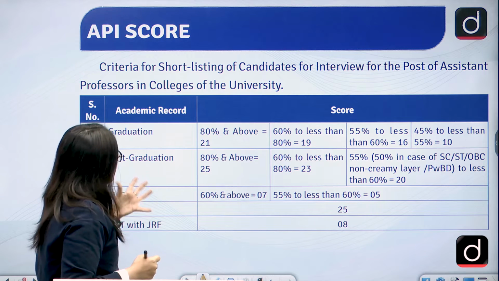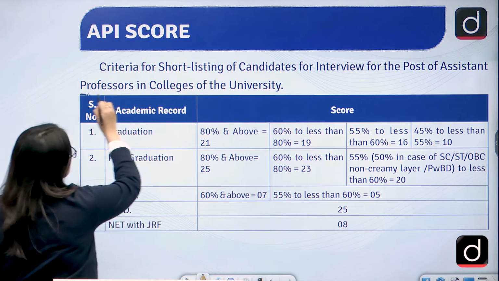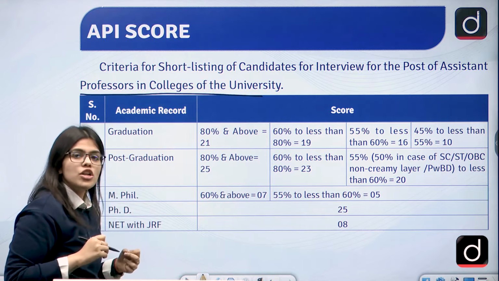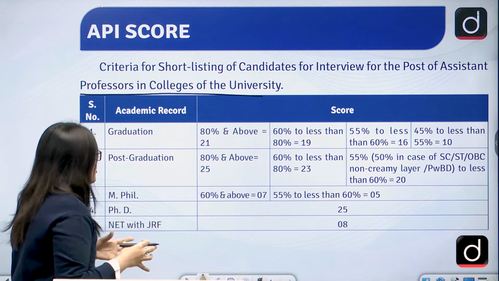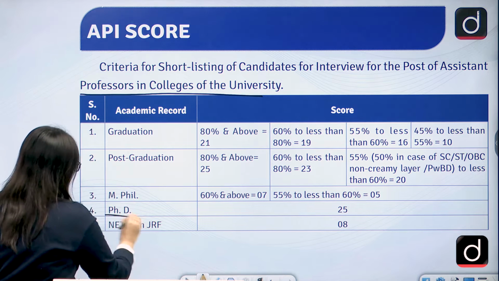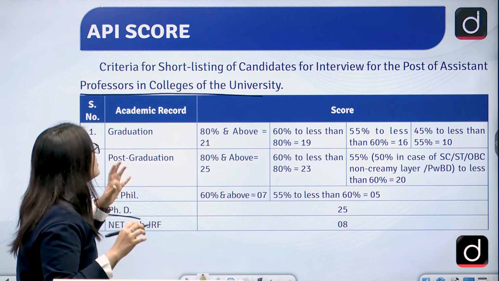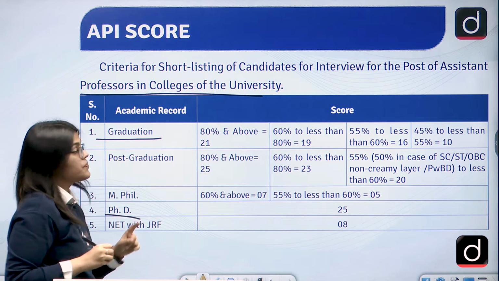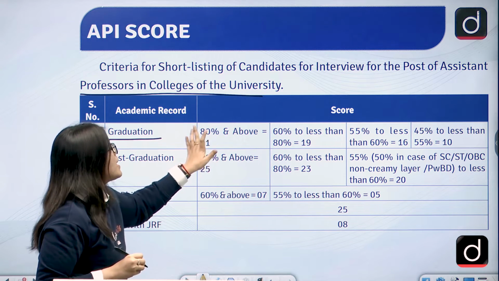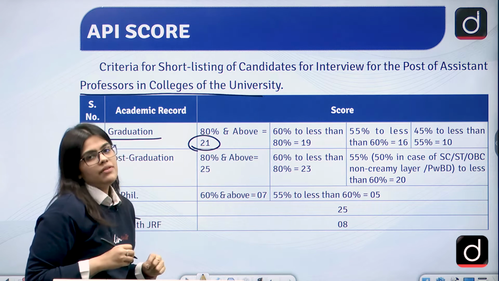Okay, now what if the shortlisting of the candidates is done for the post of assistant professor in the colleges? If the colleges are offering the post, then you will see the major change is in the PhD. If you are doing the interview for the colleges, then you will see graduation marks: if you are scoring 80% and above, then 21 points are given to you.